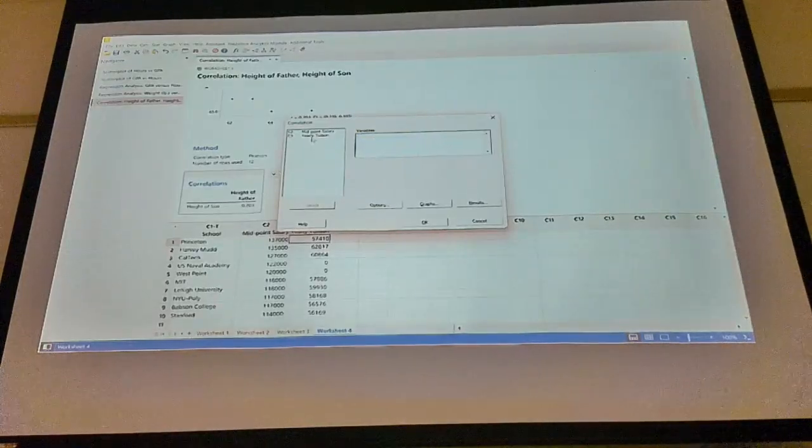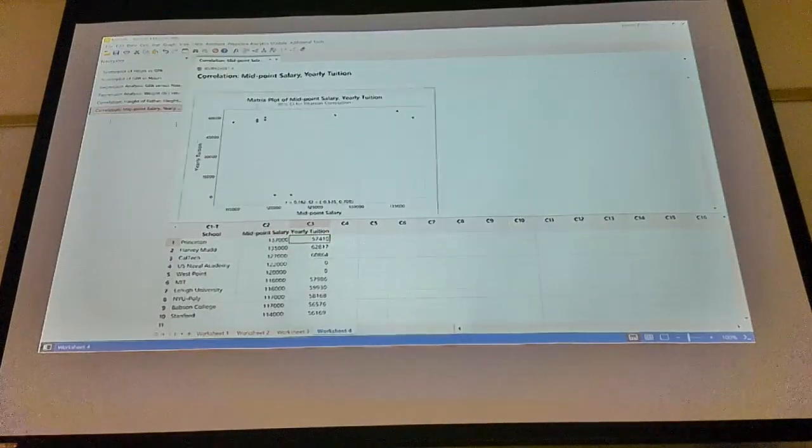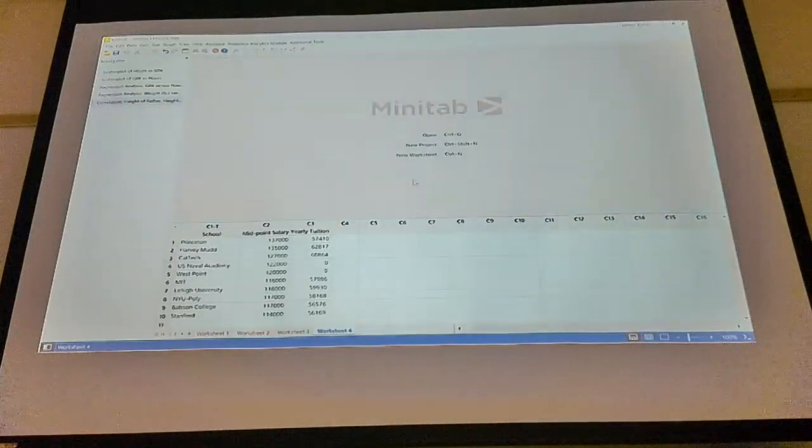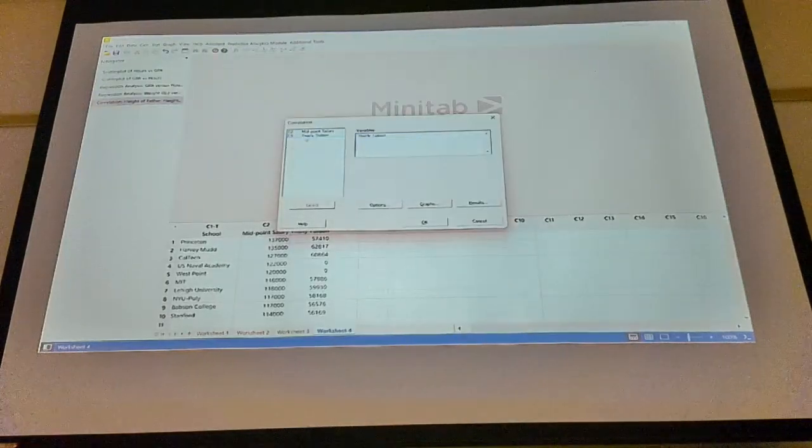We want to do the salary against yearly tuition. So I think I want that against that. Let's see if that was the right order. It was not. So with 10, that didn't happen. X, Y. That looks better.